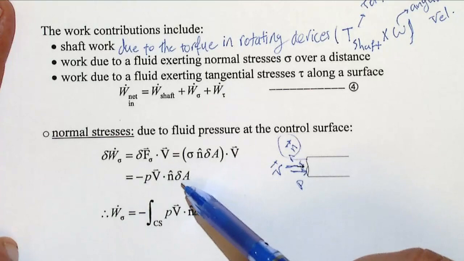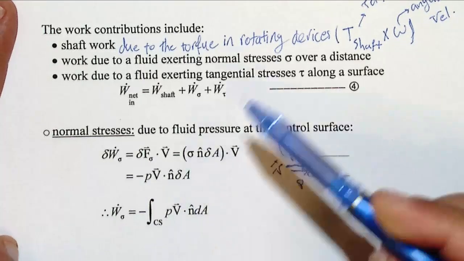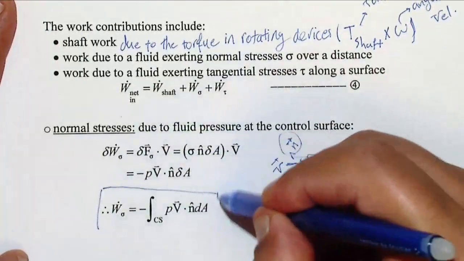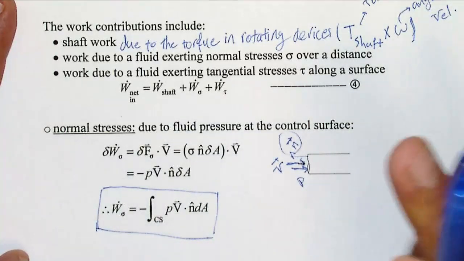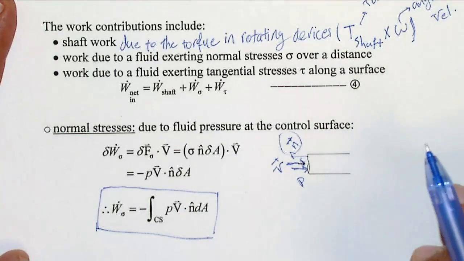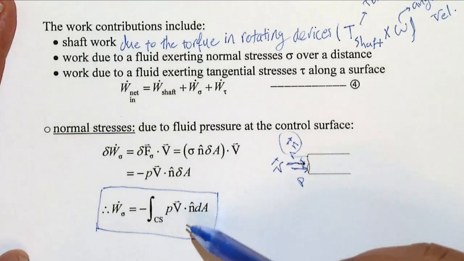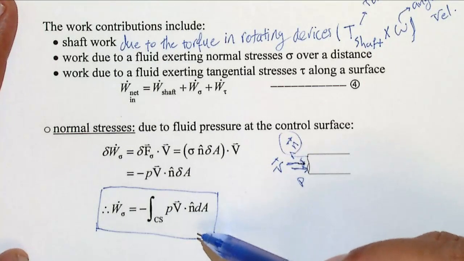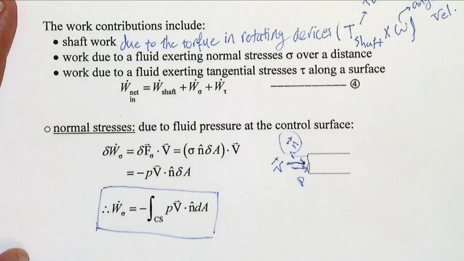You replace that in this way and rewrite it, then you can write that W dot is going to be your dA, the integral over the control surface. So whenever you have inlet or outlet or pressure on the flow or control volume surfaces, then you can get the W dot the same way that you did for momentum or m dot, which is the mass that comes in and goes out.